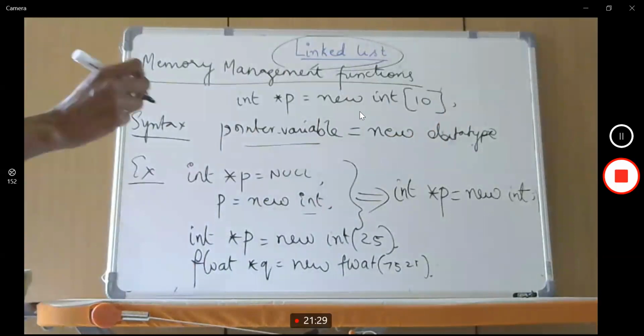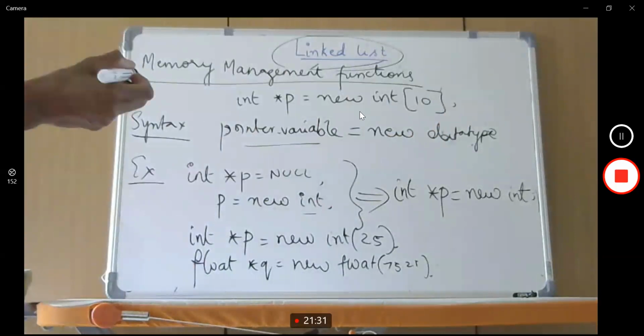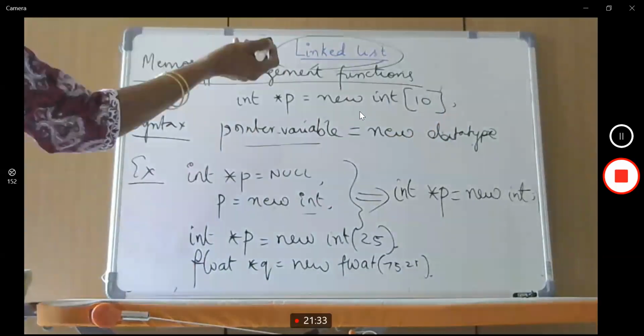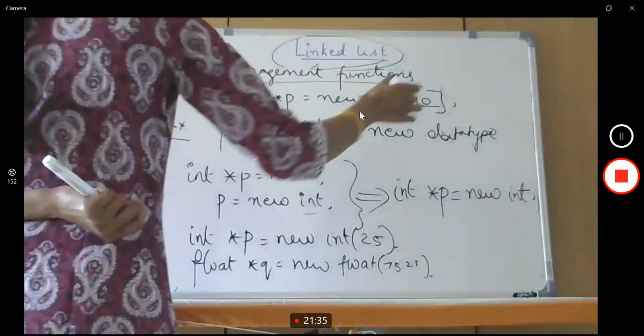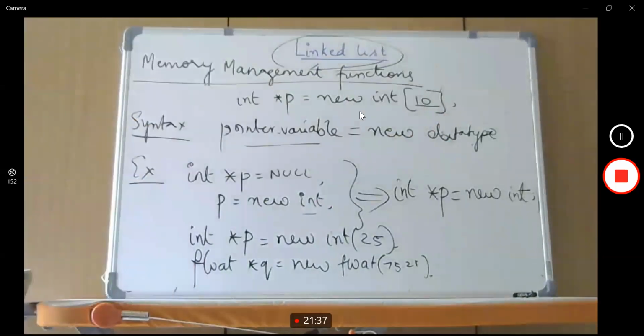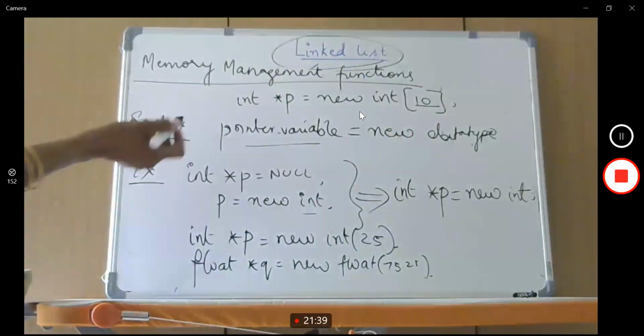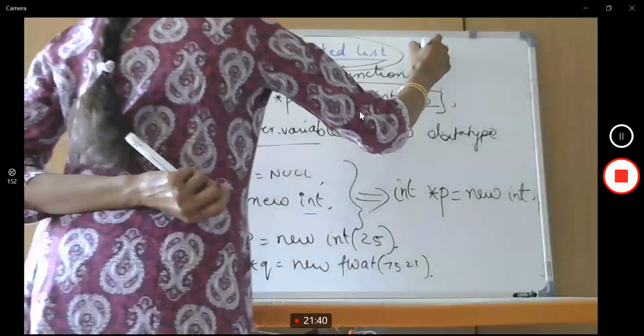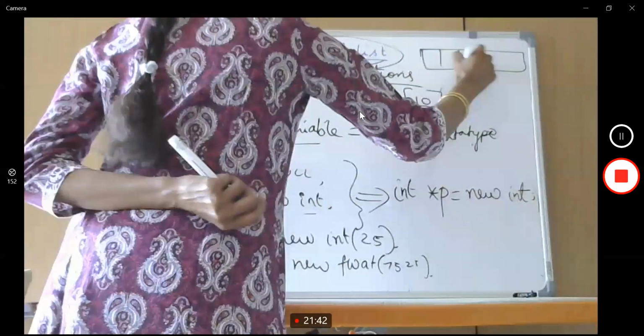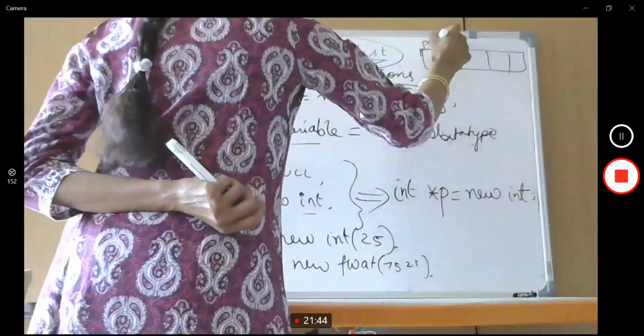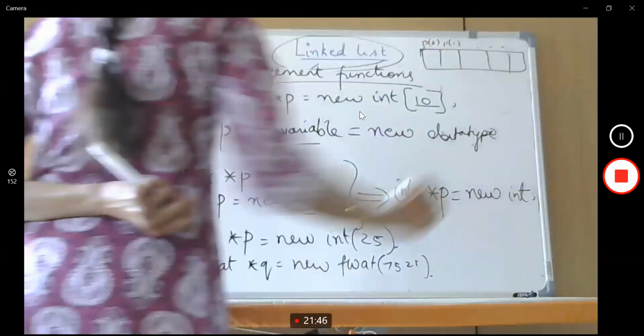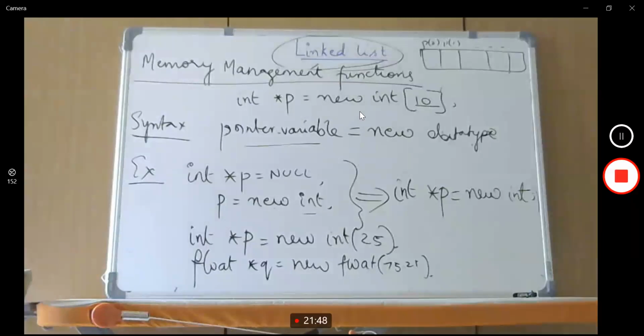Here 10 specifies the number of elements in an array. So you are actually creating an array with 10 allocations. So this will be p[0], p[1], like that. All right, so this is the new operator.